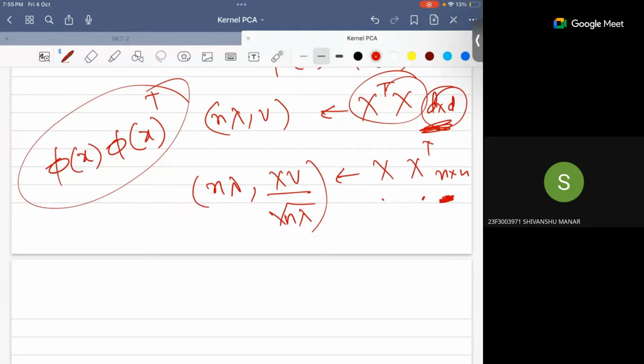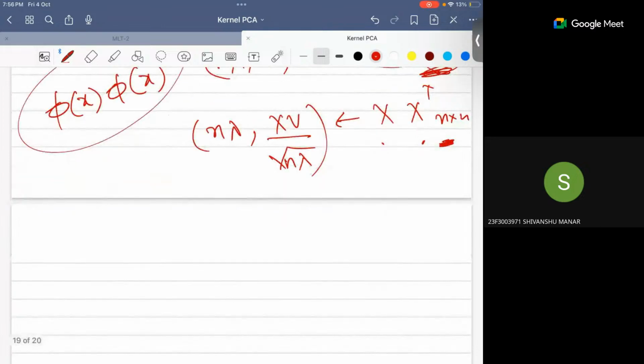In the second problem, the data set was not on a flat line or a linear subspace, so we went to the higher dimension. But when we went to the higher dimension, we used the same concept that we used for the first issue.